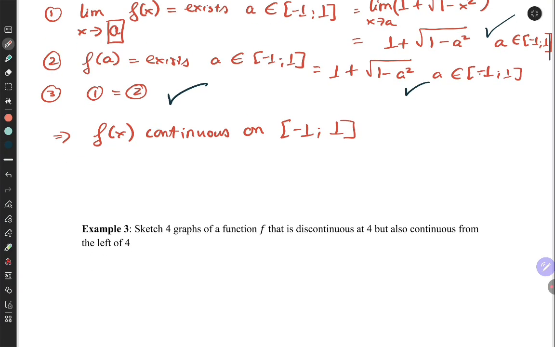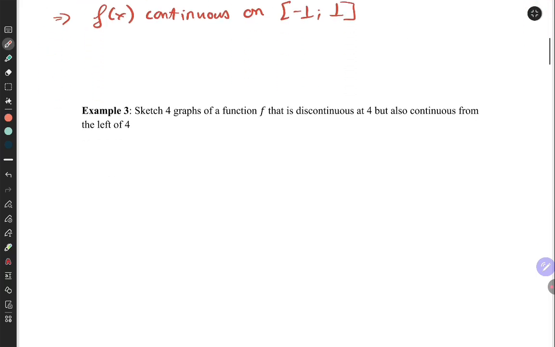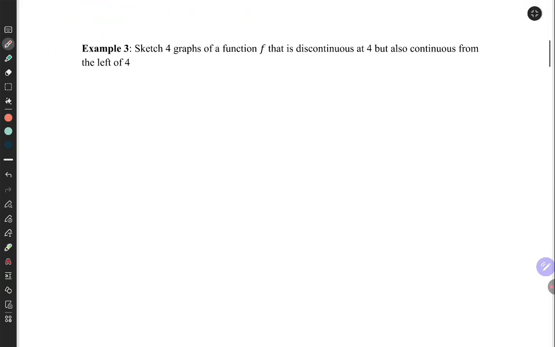Now let's practice some sketching. With that idea of continuity, can you sketch 4 graphs? Maybe I'm going to have you do one of them. You do 1, you do 3. How about that? Sketch 4 of them, so maybe draw an x-axis here. The f is continuous at 4, but also continuous from the left of 4.